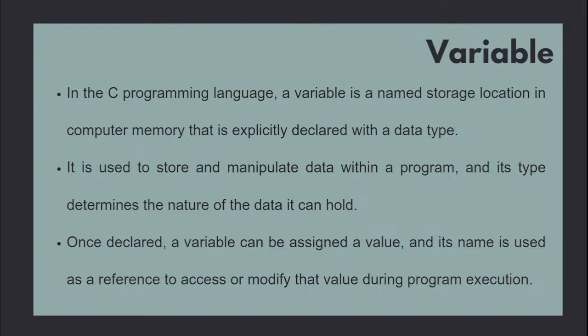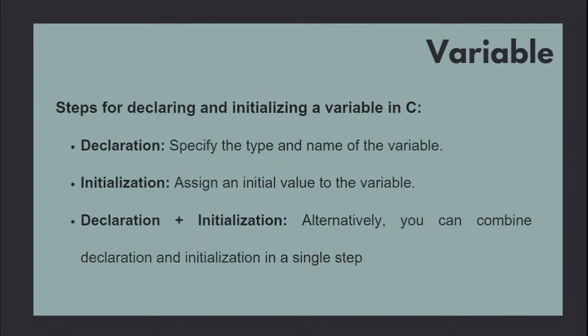But in Python, I hope many have experience with Python, you don't need to specifically mention which data type it is. You can create something like x equal to this, y equal to this, but that's not possible in C. In C program, first you have to go through a set of steps for declaring and initializing a variable.